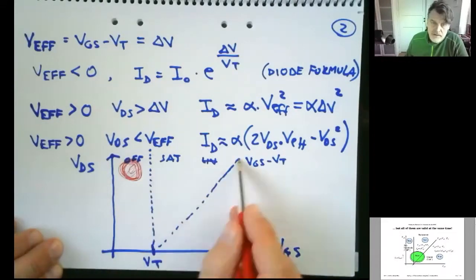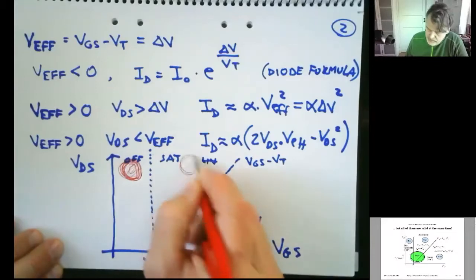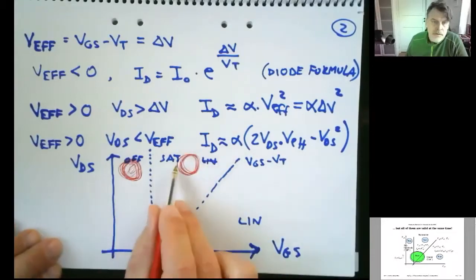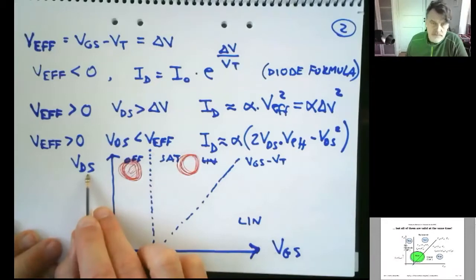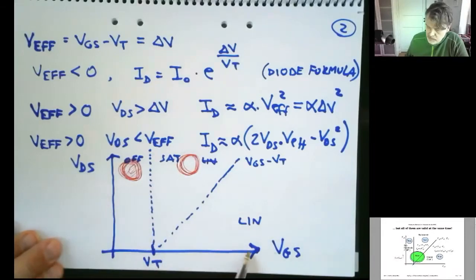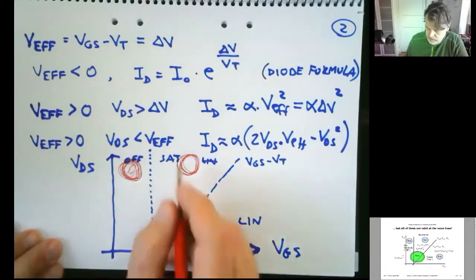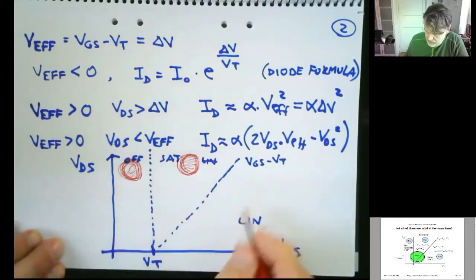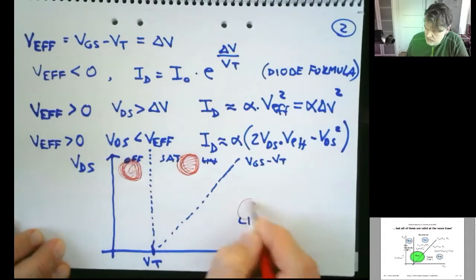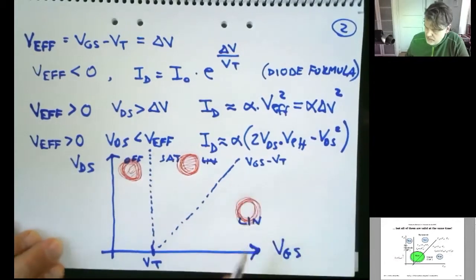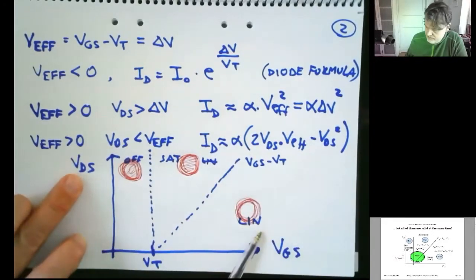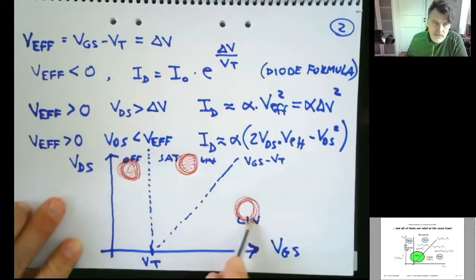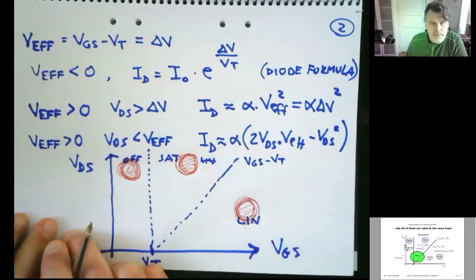Same here within these boundaries. It was easy to design your transistor to operate with high VDS compared to VT and compared to VGS. So you could operate your transistor distinctly in the saturation region. Or same argument, you could put your operating region here, VGS, VDS, far away from each other and really turn your transistor into the linear region.